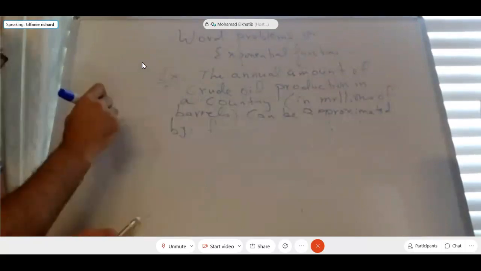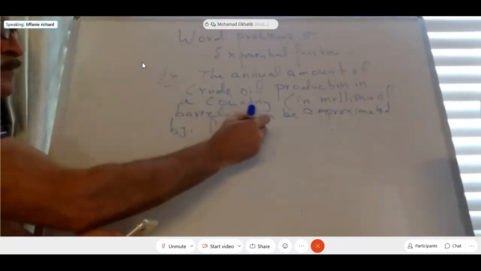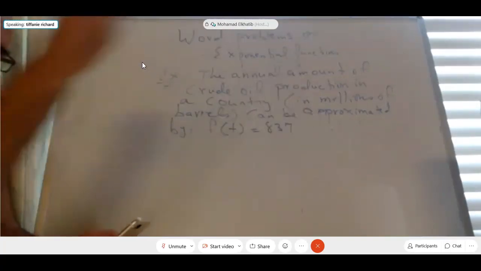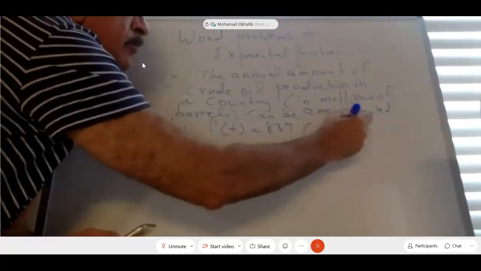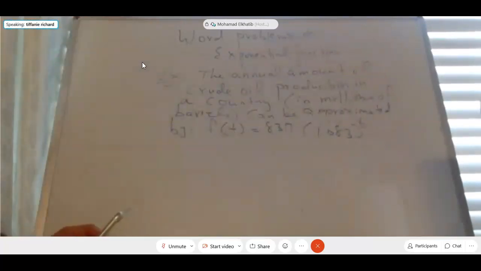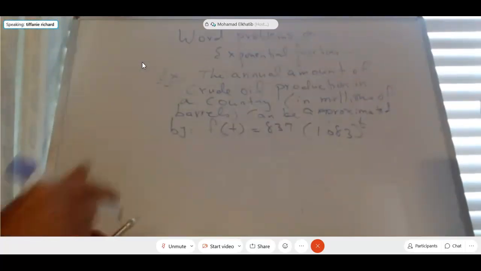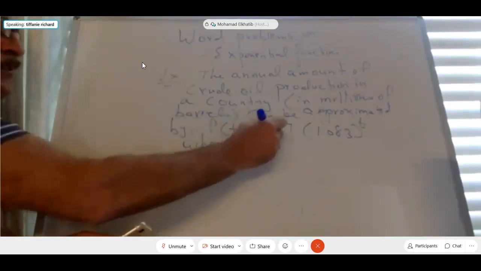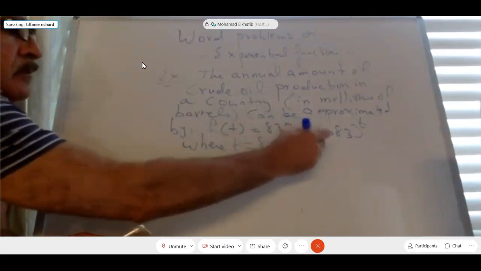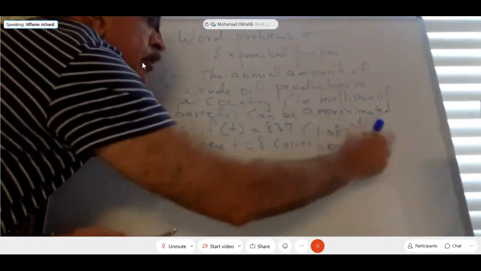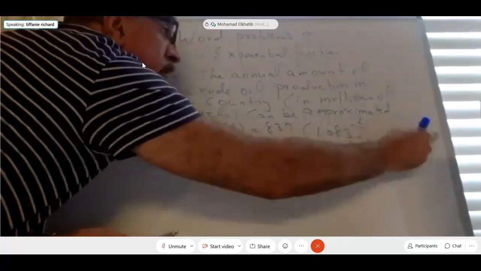F of t equals 837 times 1.083 to the power t, where t equals 8 corresponds to the year 2008.